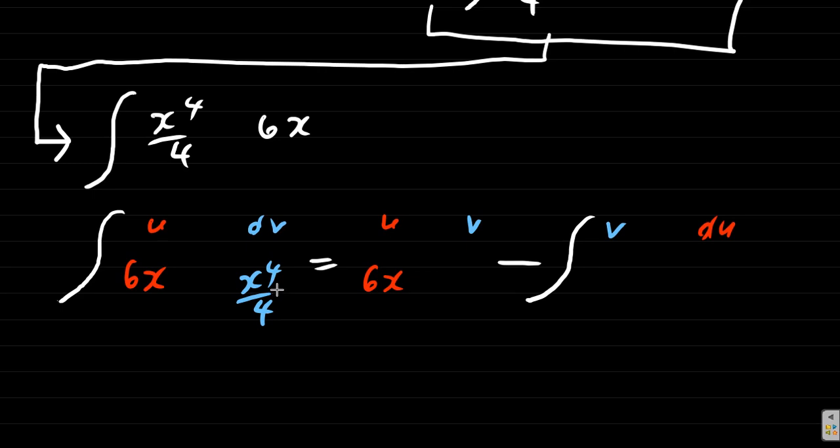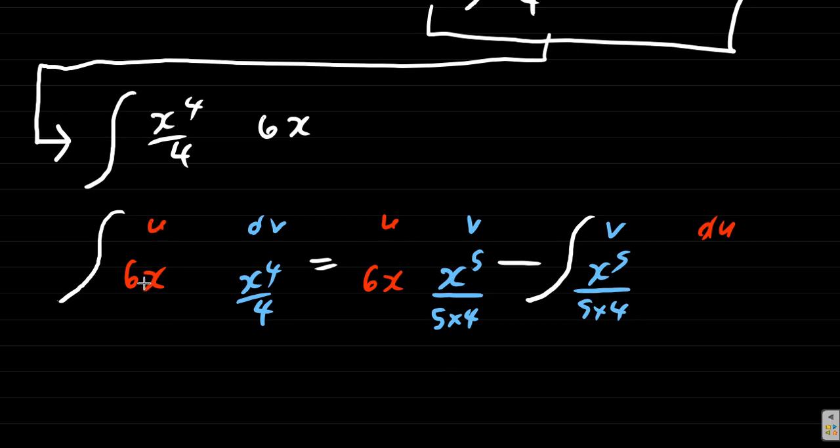So we're going to have to integrate. So we have x to the 4 plus 1, which is 5, divided by the new power 5 times 4 under here, minus the integral of x to the 5 over 5 times 4, times du.